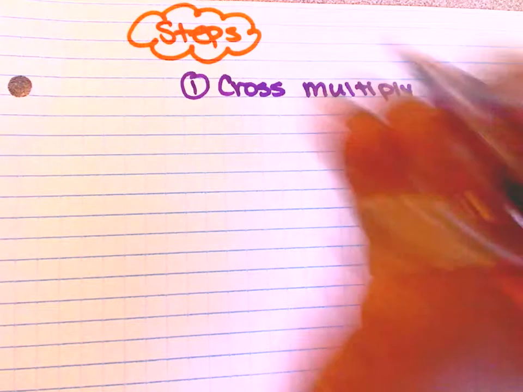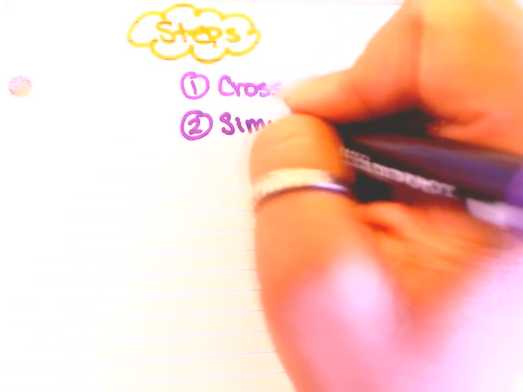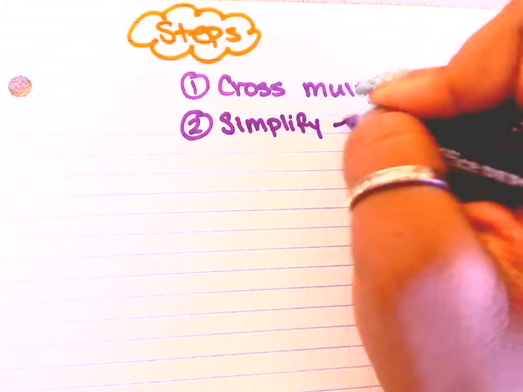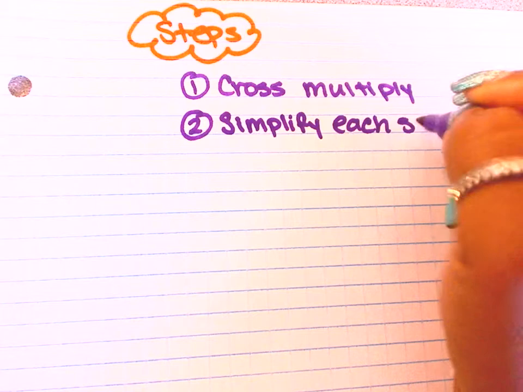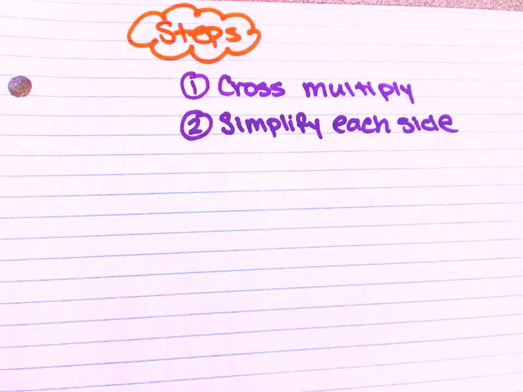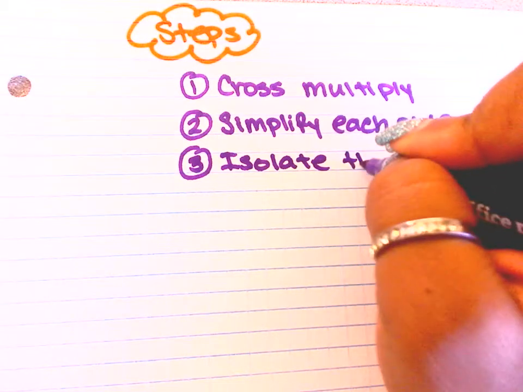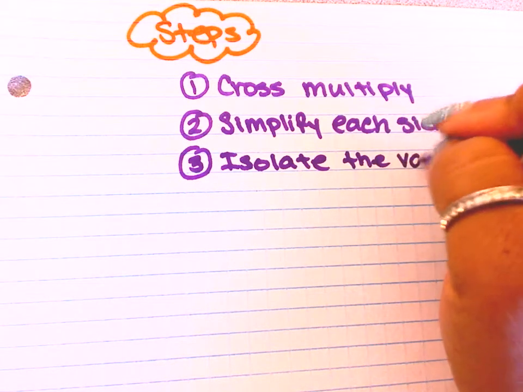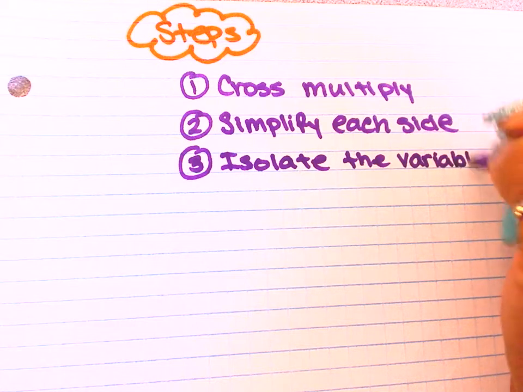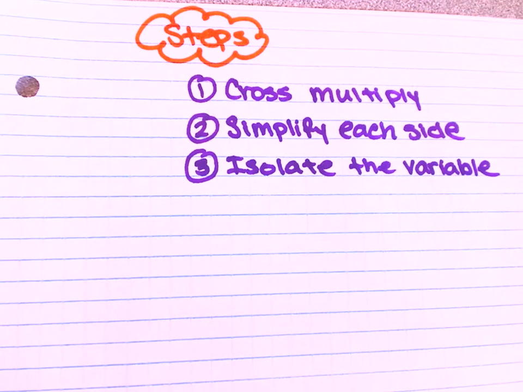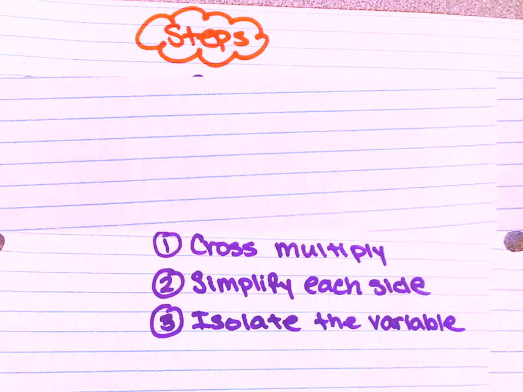Step 2, you're going to simplify each side, which was what we did last week. And step 3, isolate the variable. Three steps: cross multiply, simplify each side, then isolate the variable.